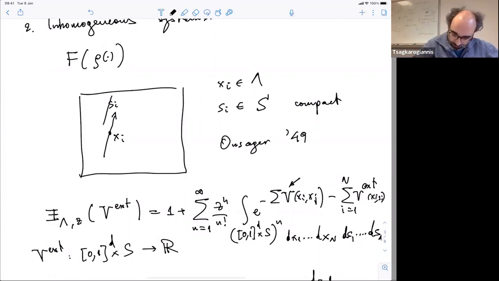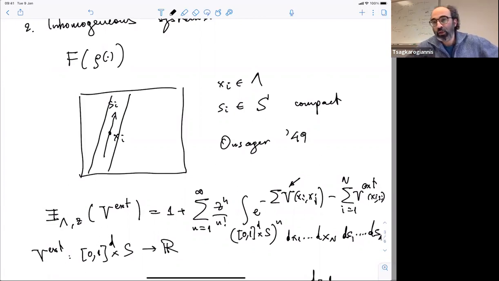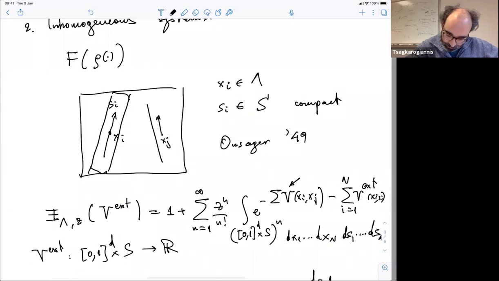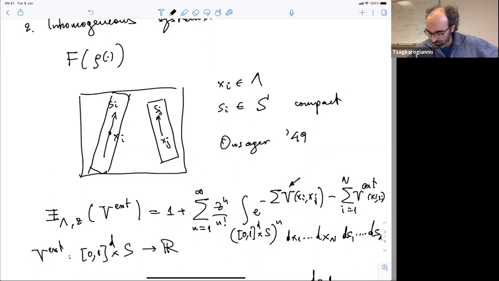So he constructed long cylinders in the direction of the spin point, and he did the excluded volume between two cylinders. So if I give you xi and xj with the orientations si, sj, the potential V is the excluded volume of these two cylinders.